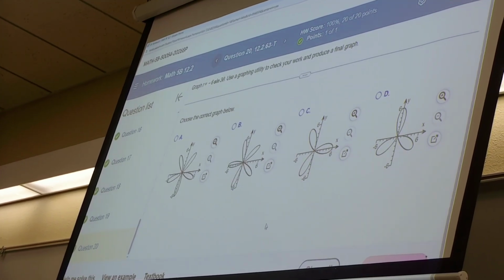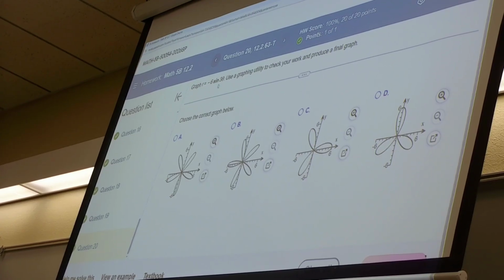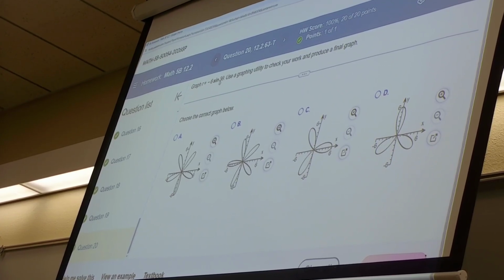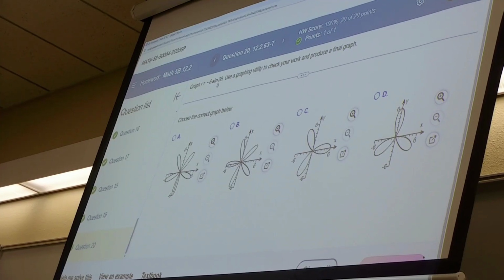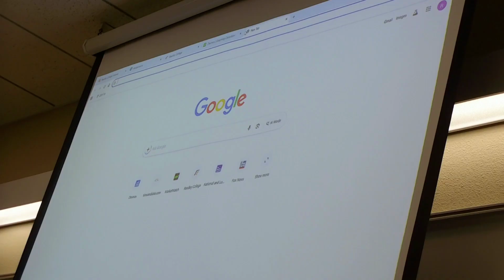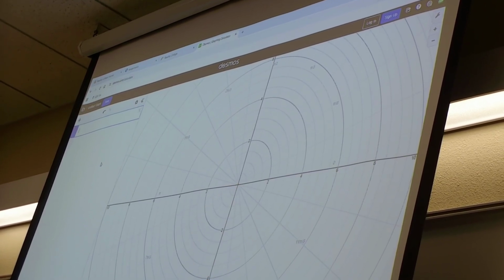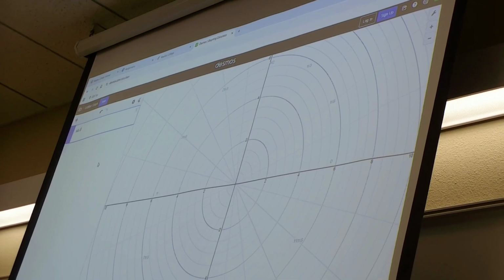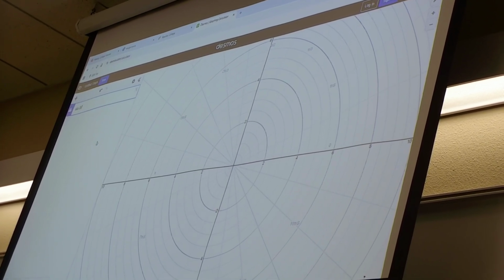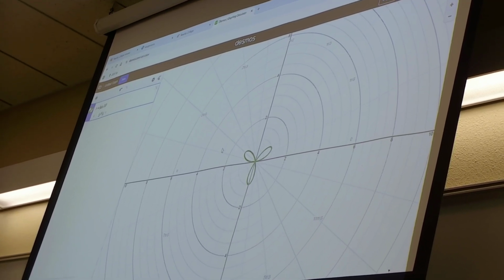One more. Let's look at this one. This one's a little bit trickier. For sine, whatever that number is in there, well, let's look at it on decimals. Sine 3 theta. So I gotta put r in there. There you go, you got 3 petals.